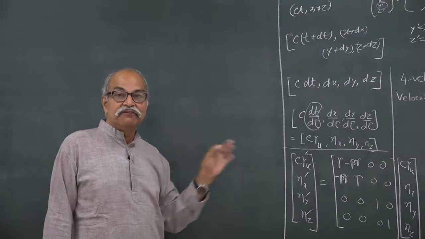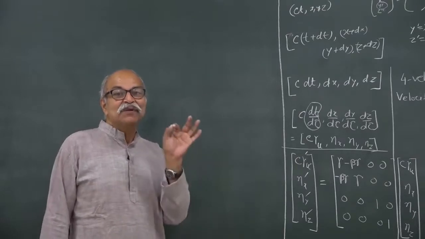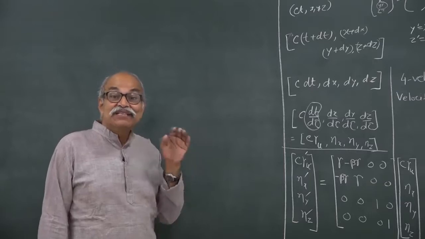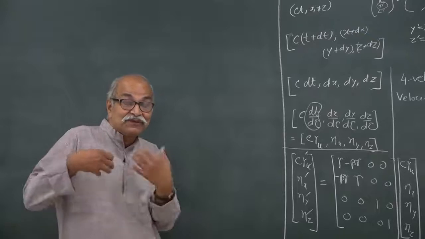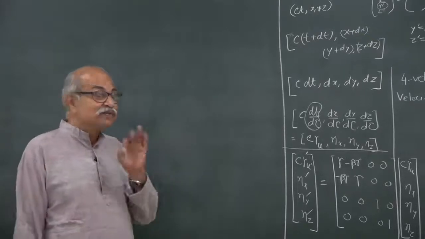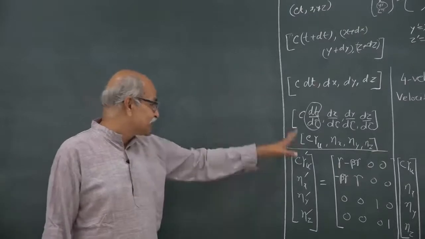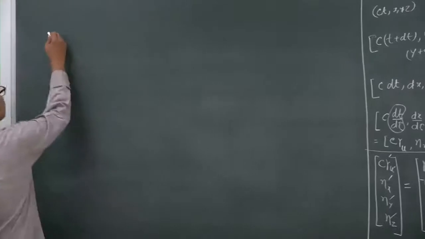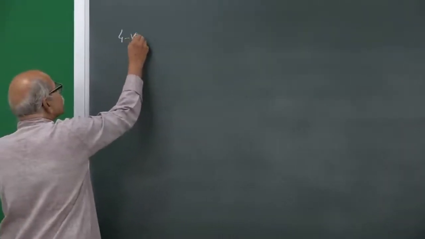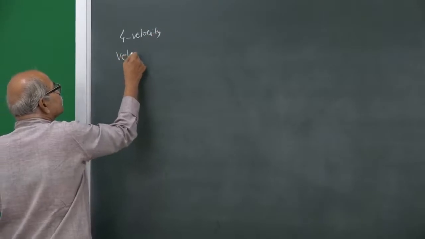And remember, when I say mass of the particle, it is the intrinsic property of the particle, which people call rest mass also. I will also call it rest mass, but to re-emphasize, when I am saying mass, it is the mass. So, this 4 velocity is sometimes called 4 velocity and sometimes called velocity 4 vector.